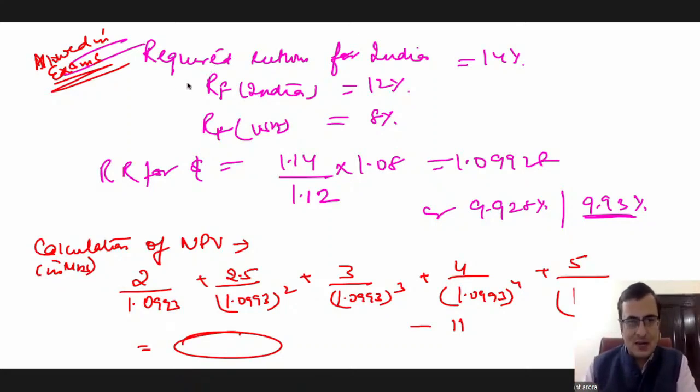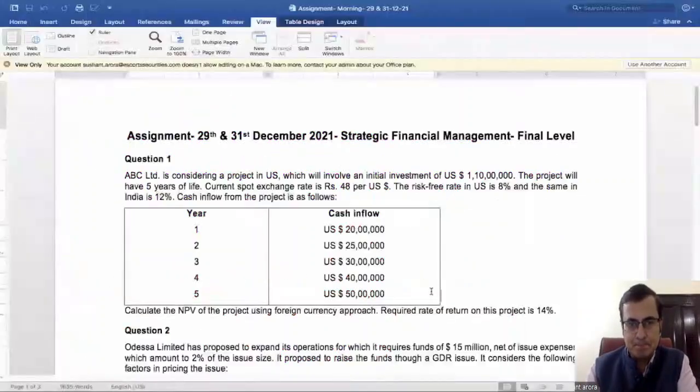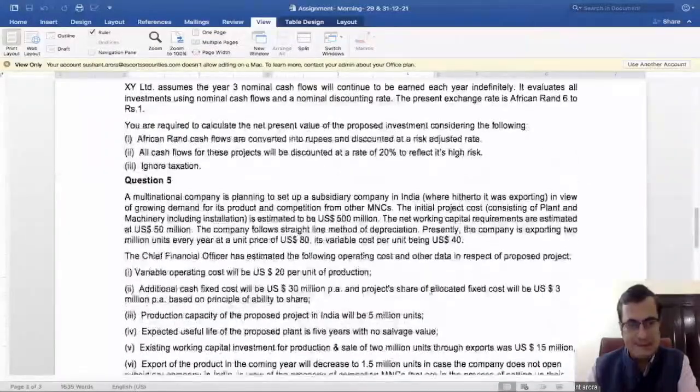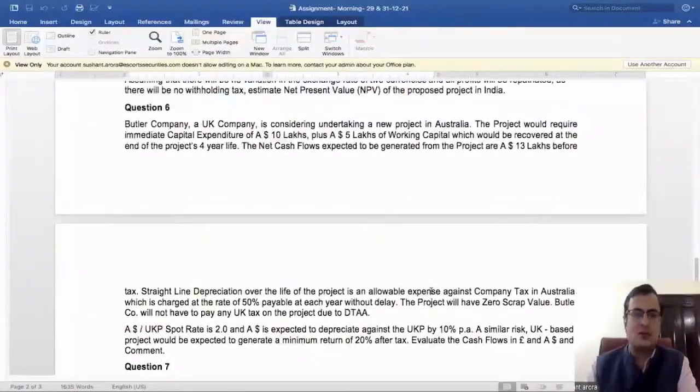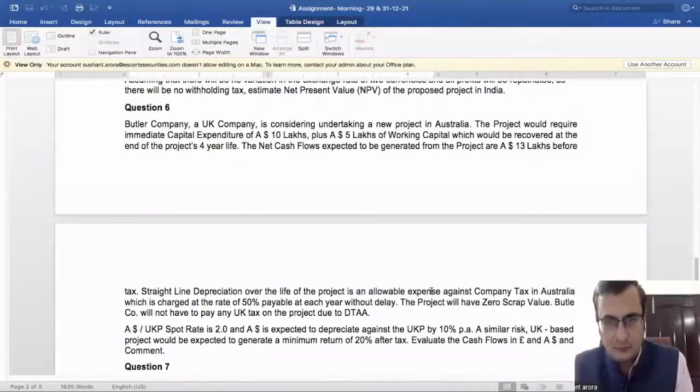So we will start with the assignment question, not question number 2, but question number 6. Please open up question number 6. Yes, this one. Okay, can you see?